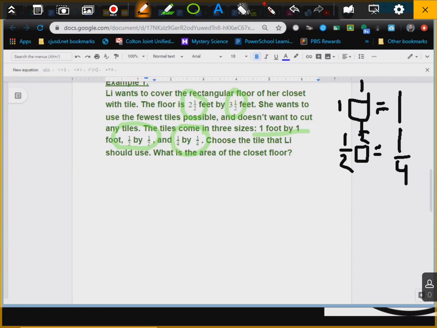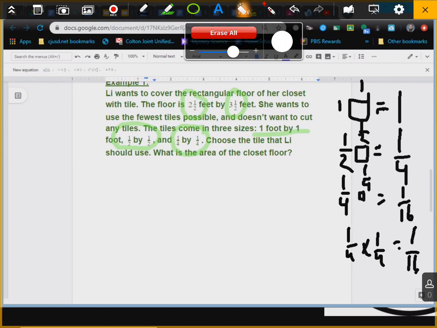So that would be the area of that tile. And then if we have a tinier tile that's 1/4 by 1/4, the area for that one would be 1/16.